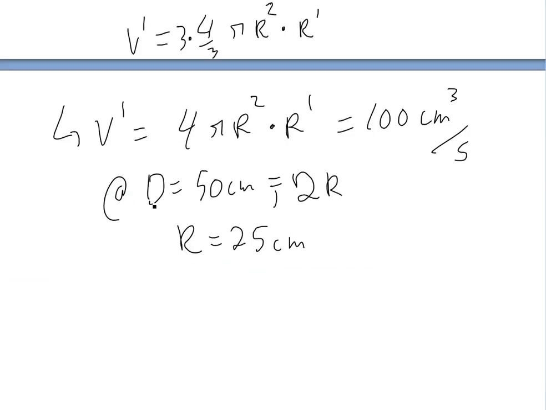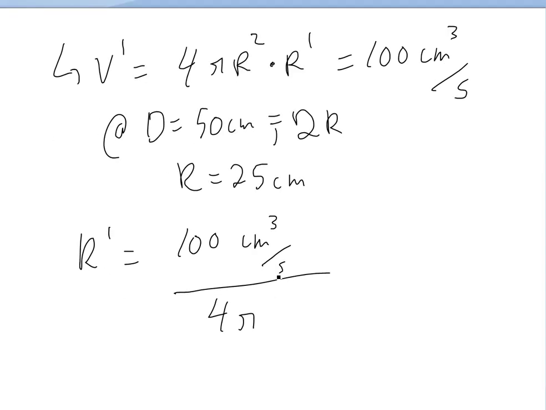We just plug it in. So r prime is equal to 100 centimeters cubed per second divided by 4 pi times 25 centimeters squared. The centimeters cancel because of the squared, and you're left with centimeters per second.